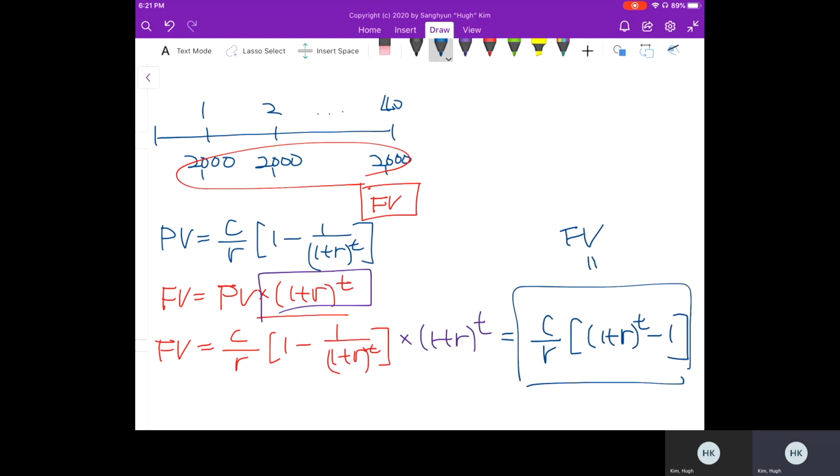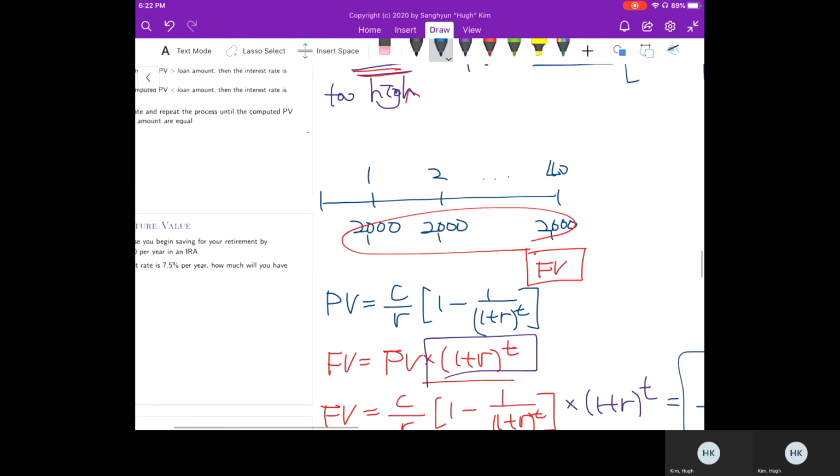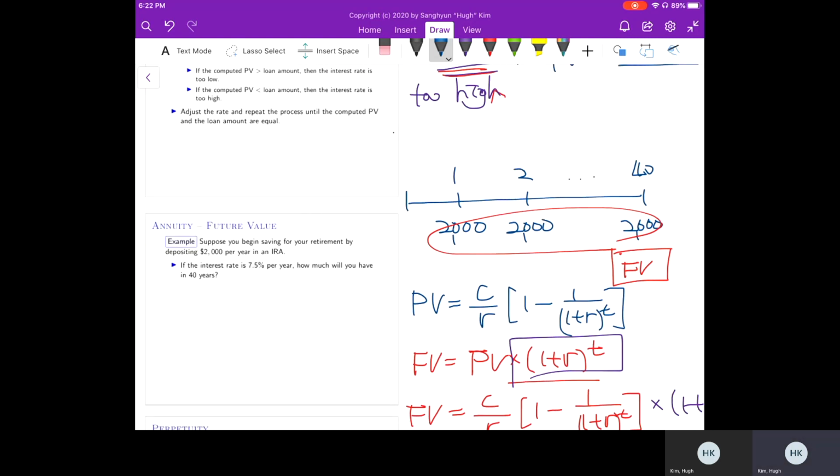Let's apply this formula to find the future value of your savings. If the interest rate is 7.5% per year, that's R, and you want to know how much you will have in 40 years.